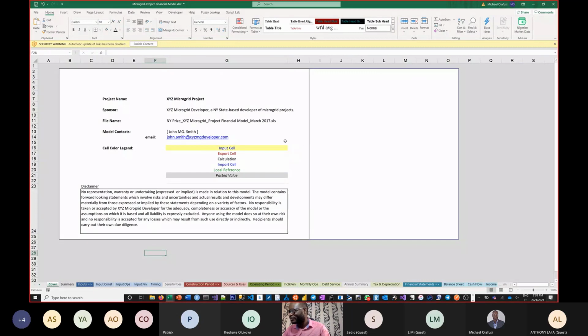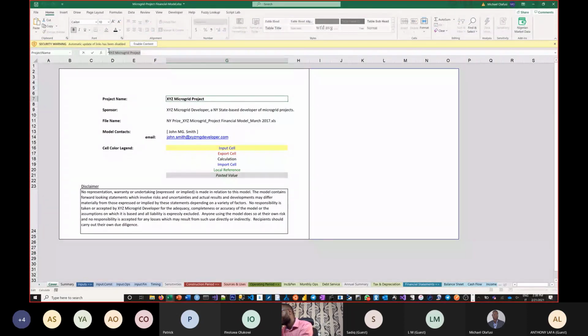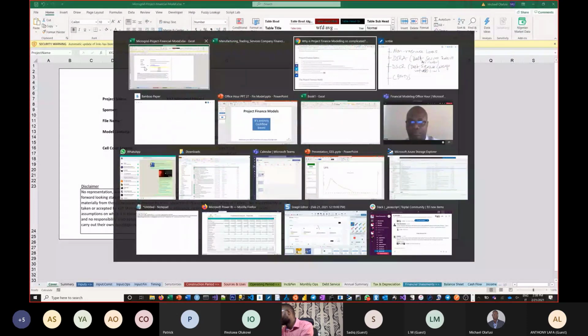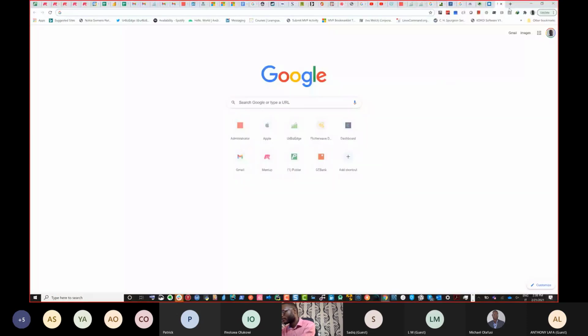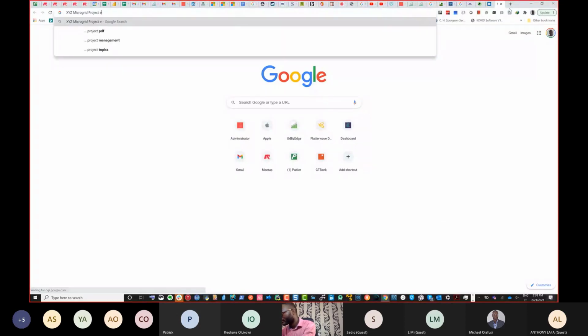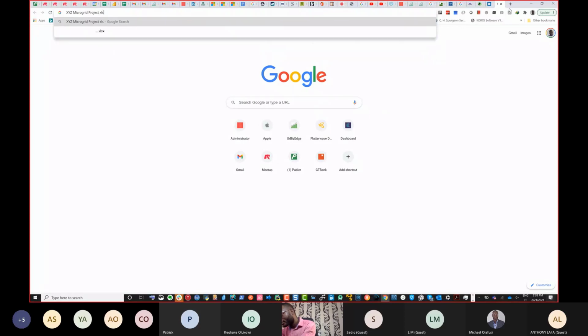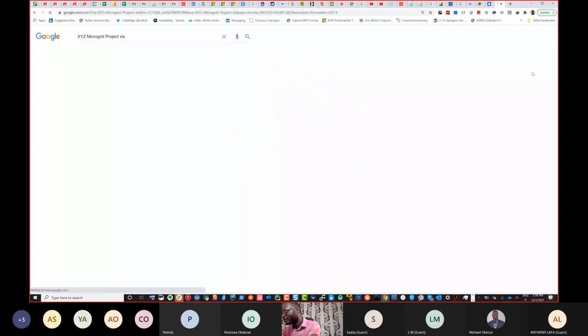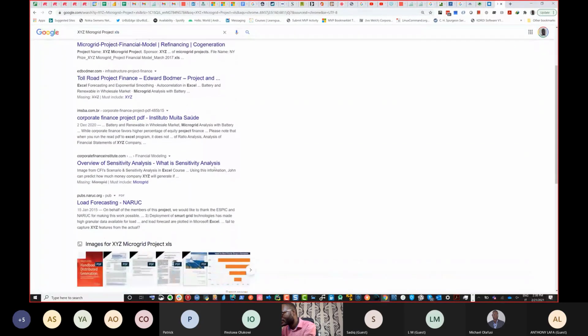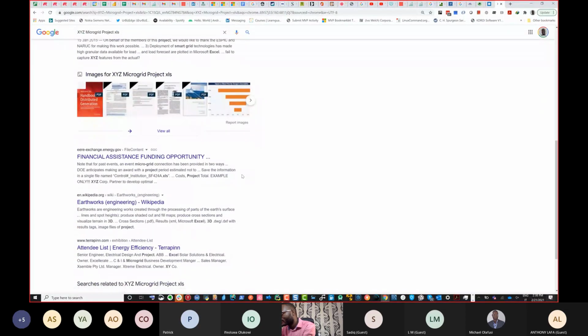But let me see if I can get you the link for this person on X. He's been generous to share, though it's very old and the structure is not the structure that I would advocate for. But like they say, something is better than nothing. So until I create one that is completely dummy that I can share with you, we have to make do with the one that somebody has given us for free.